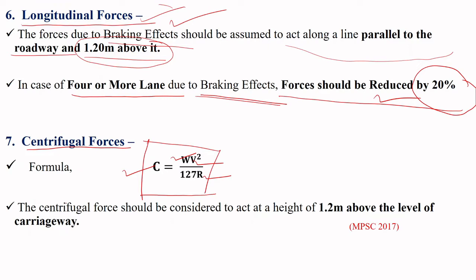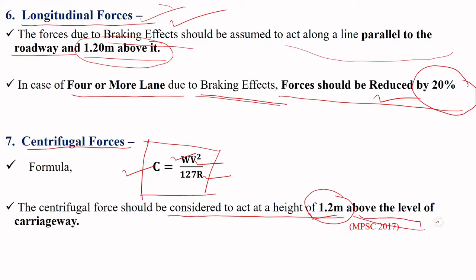And now, which is very important, what is the line of action of the centrifugal force? The centrifugal force should be considered to act at a height of 1.2 meter. Remember, very important, 1.2 meter above the level of the carriageway.